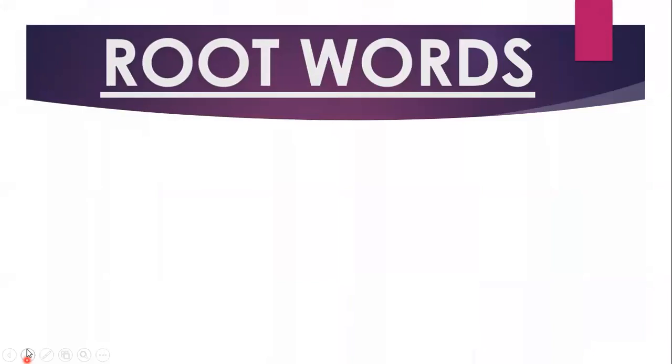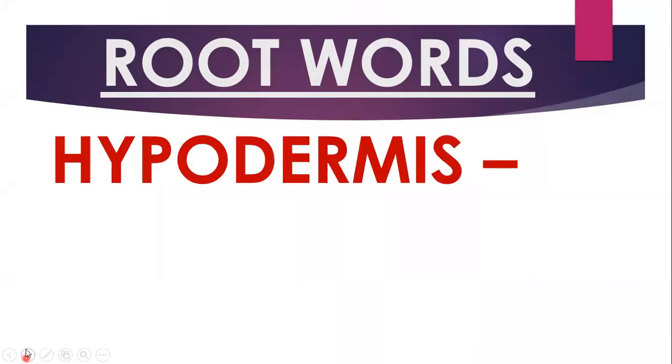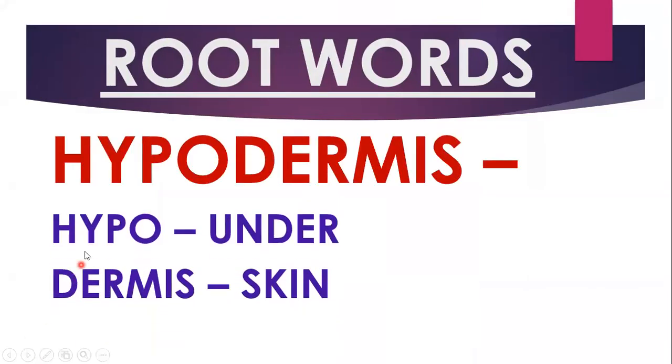So first of all, we'll be having a recap of the words which we already did in the previous video. So first is the word hypodermis, and hypodermis is derived from two root words. First is hypo, and the other one is dermis. Dermis we covered in the previous video. If you haven't watched it, just go and watch it. I'll share the link of that video in my description box or comment box.